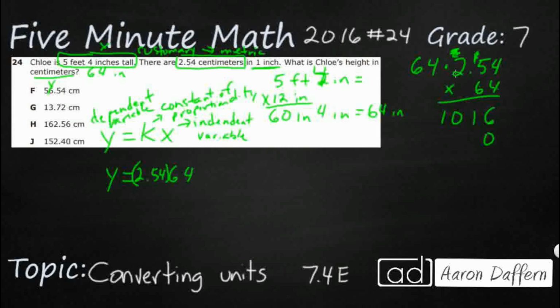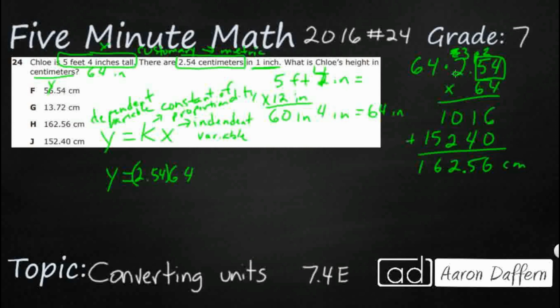Let's do times 6. That's going to be 24, 32, and that's 12. That's 15. All right, so let's add these up here. We got 5, 2, 6. There we go. So 1, 6, 2. We get 2 digits behind the decimal here, 2 digits behind the decimal. So 162 and 56/100 centimeters.